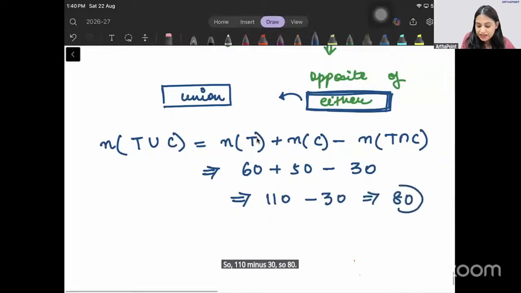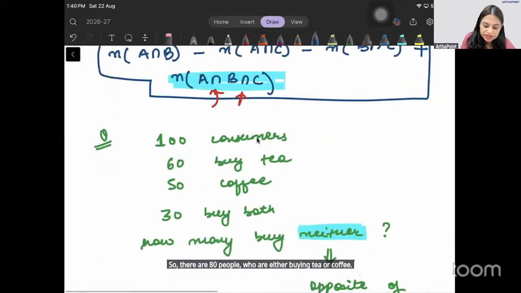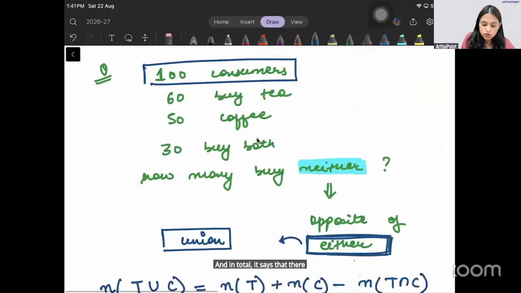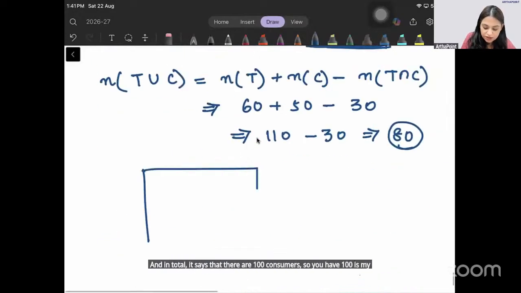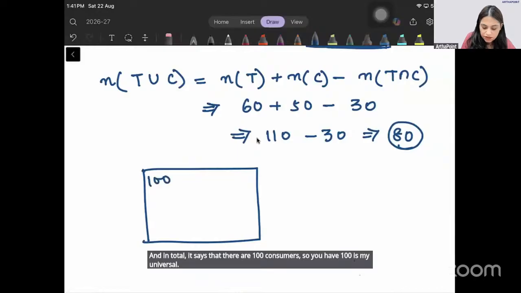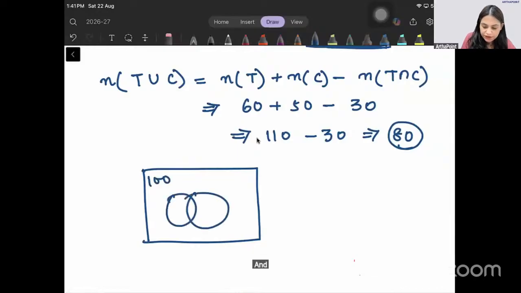So there are 80 people जो दोनों में से कुछ तो ले रहे हैं, who are either buying tea or coffee. And in total, it says that there are 100 consumers. So 100 is my universal. And either tea or coffee, ये जो है, that either they are buying tea or they are buying coffee, this is this 80.